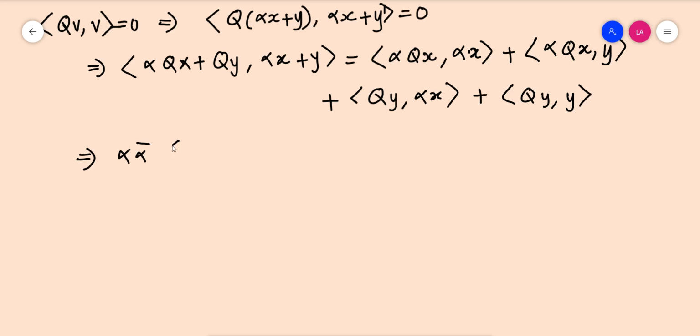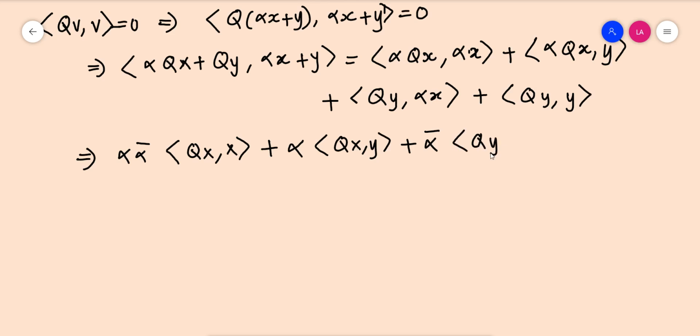Now this implies α times ᾱ inner product ⟨Qx, x⟩ plus α times inner product ⟨Qx, y⟩ plus ᾱ times inner product ⟨Qy, x⟩ plus ⟨Qy, y⟩.